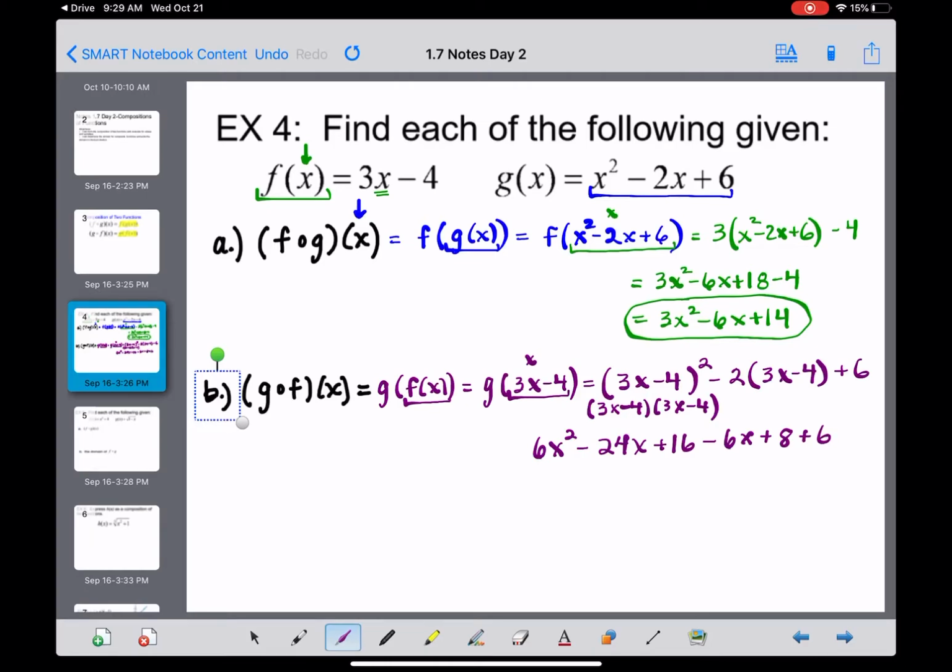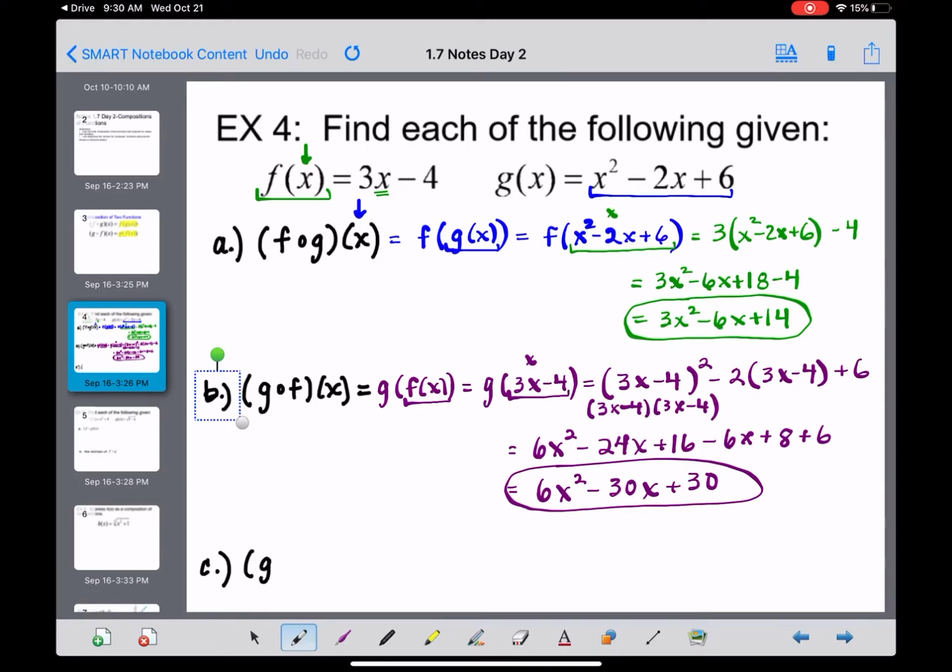And then we're just going to combine like terms. So try to do those on your own. So you should be getting 6x squared minus 30x plus 30.